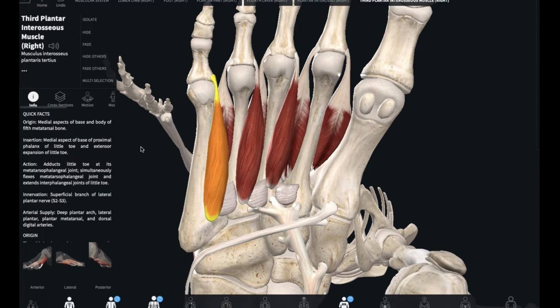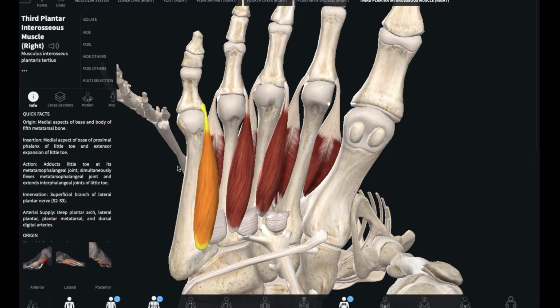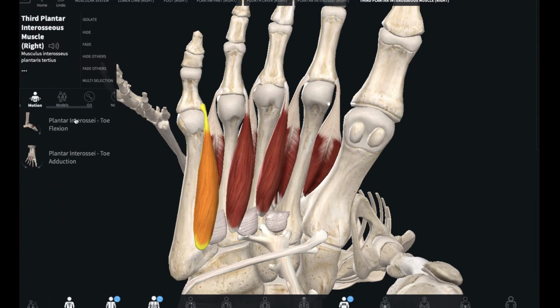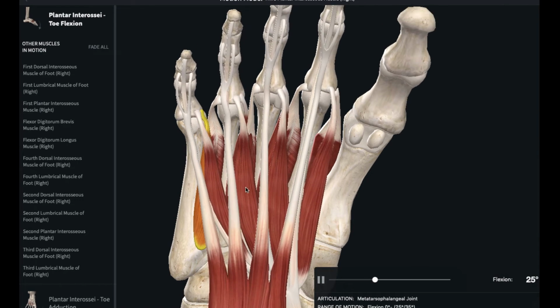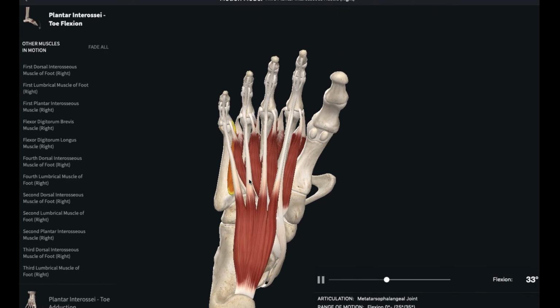For my class, my teacher says I don't need to know right now specifically about the origins and insertions, but just the actions. You can read it on the screen here if you want to, pause it. Anyways, so it's flexing.